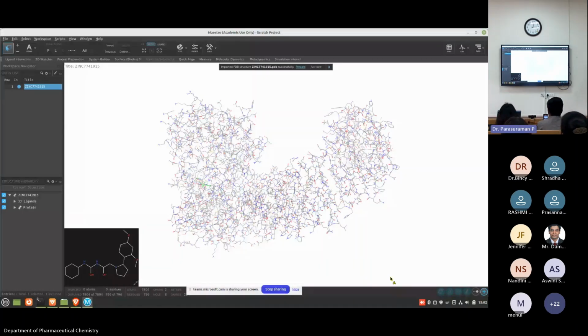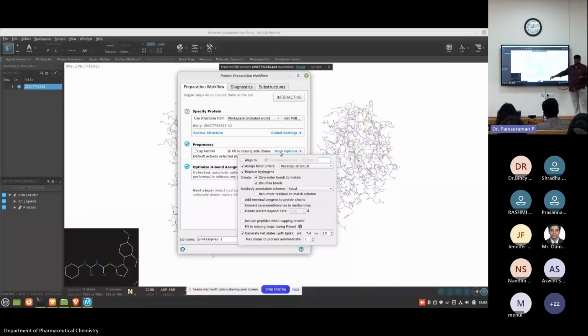Now we'll go for preparation of the molecule, the first step. Here, you can generate different heteroatom states with pH. We need not create that, because it has already been done in the docking.